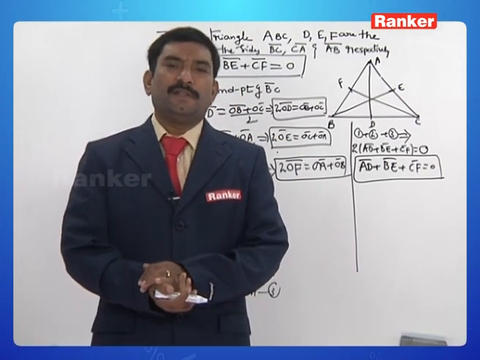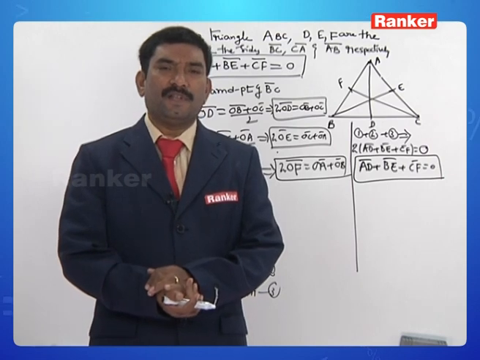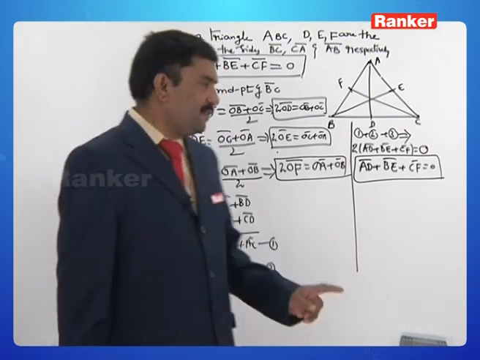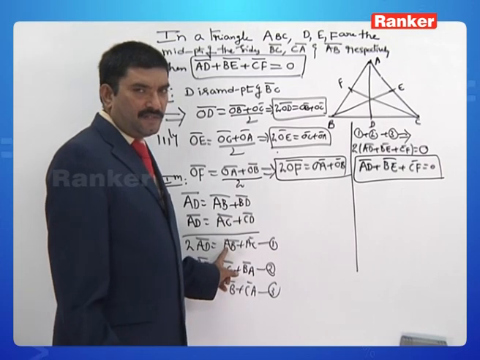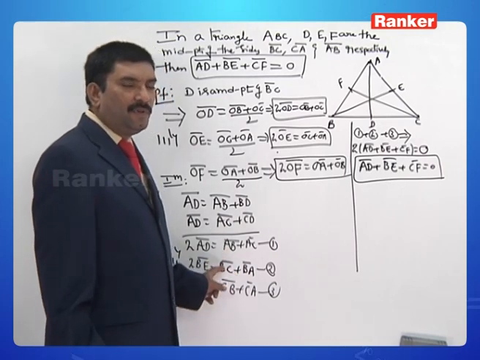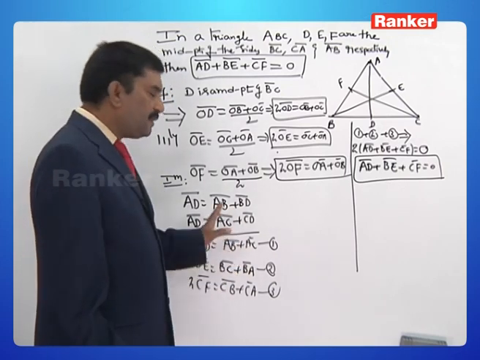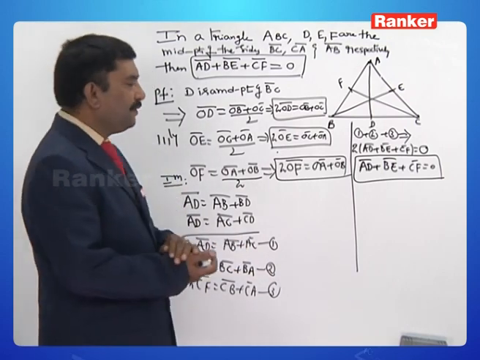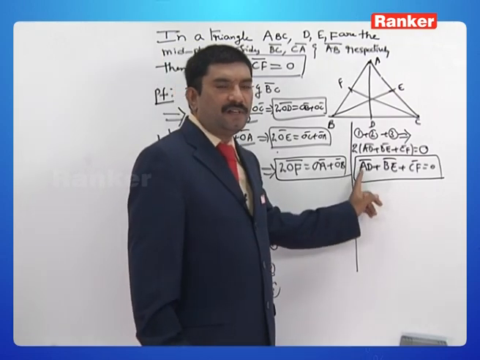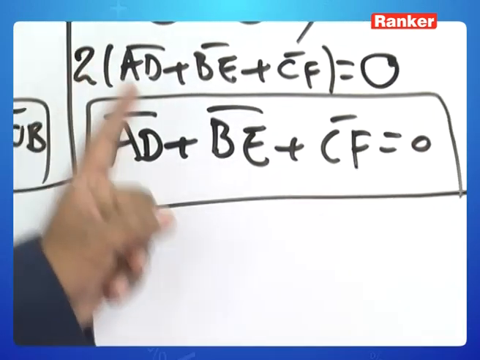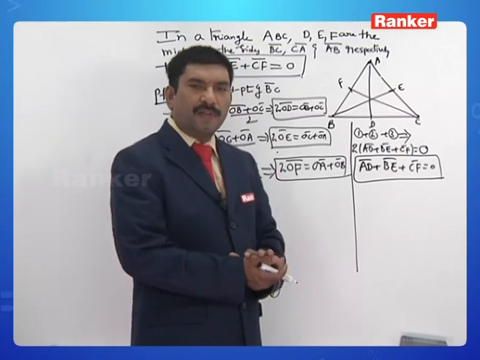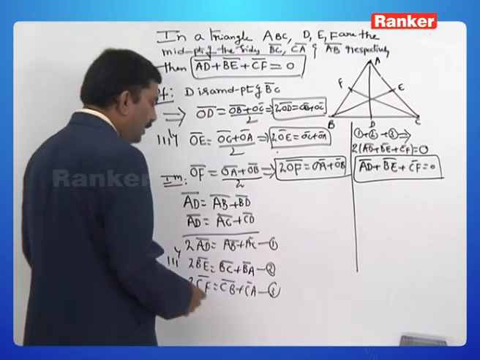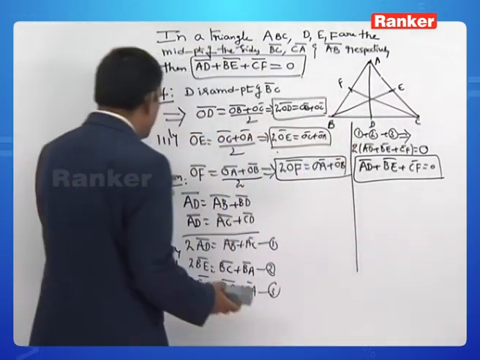What is that? The vector addition of the medians of a triangle is a null vector. This is one method. We often use this method while doing the medians problems. So therefore, what we proved is the vector addition of the medians of a triangle is equal to null vector. Now, as I told, this is the first method.